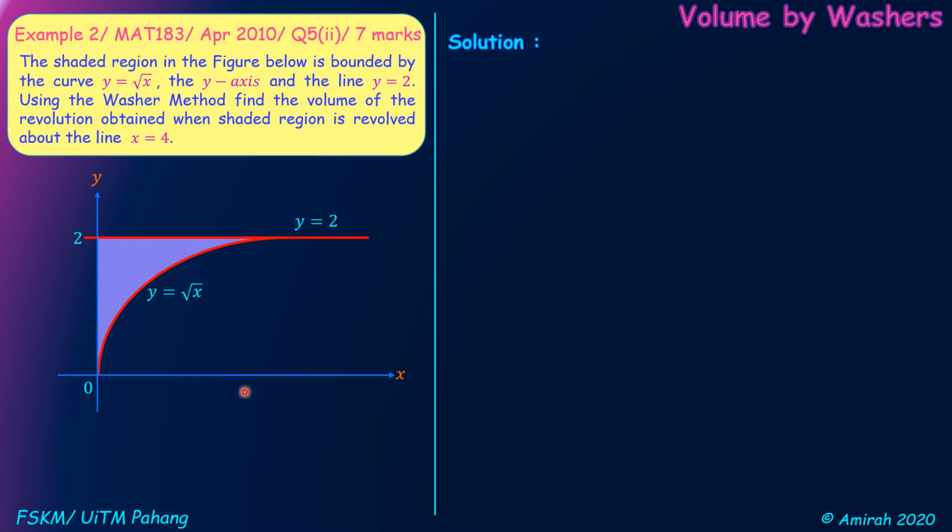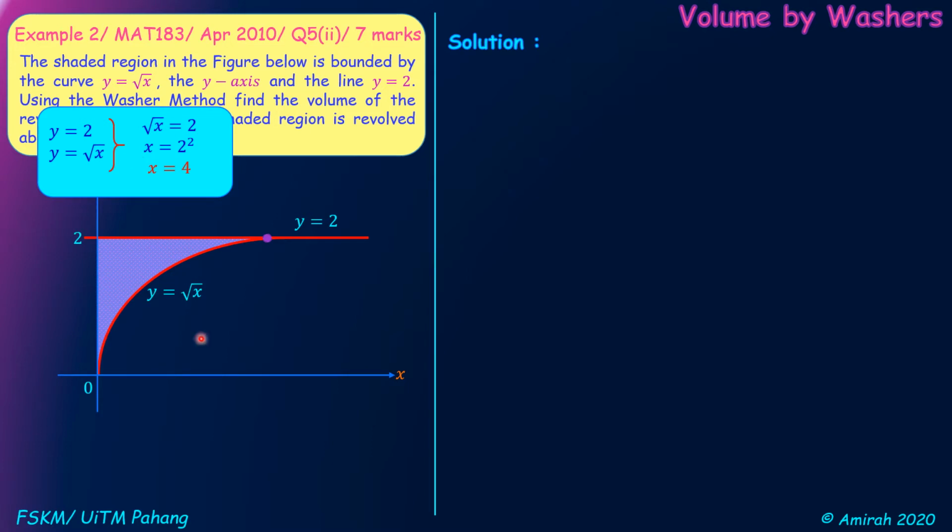Where is the line x equals to 4? First, we need to find the intersection point, so that we can predict where the line x equals to 4 is. To find the intersection point between the curve y equals to square root of x and the line y equals to 2, we can equate square root of x equals to 2, because this is y and this is y.